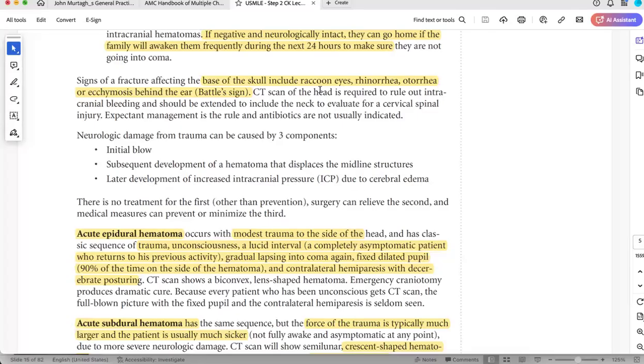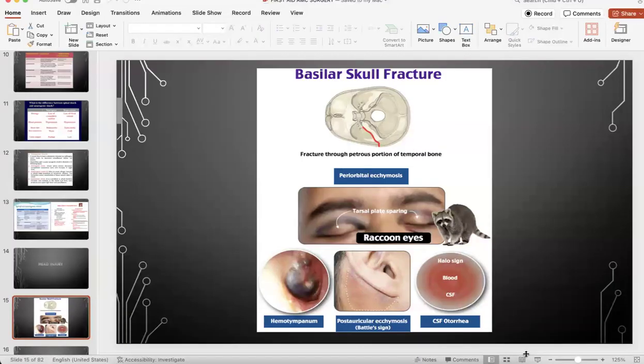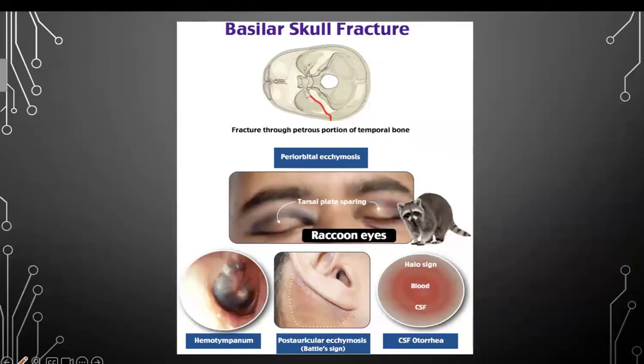Now, a few other things that are important. Sometimes they can give you a patient who has had a motor vehicle accident and has developed a base of skull fracture. Basal skull fracture has some specific signs and symptoms. If you look at this picture, you can see periorbital ecchymosis, so blood around the eyes. These patients sometimes can have Battle sign.